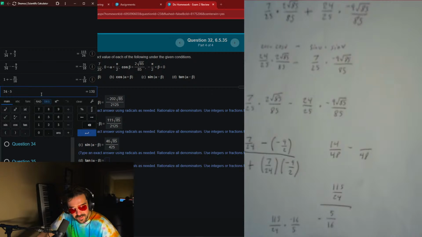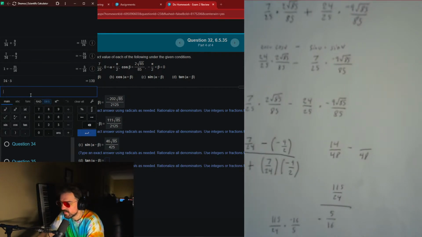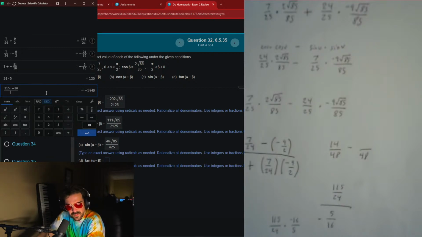That makes the denominator 120. Negative 840. Which is -46 over 3.